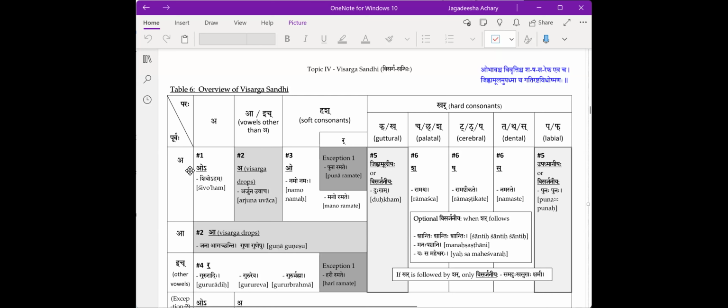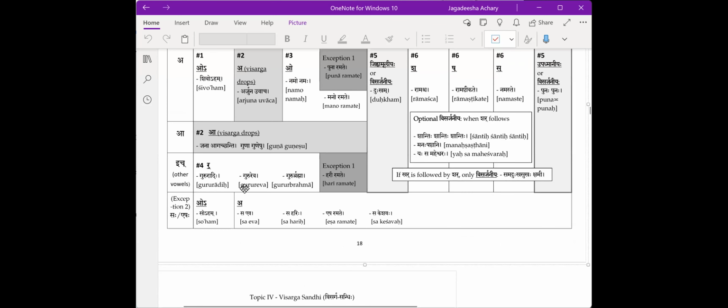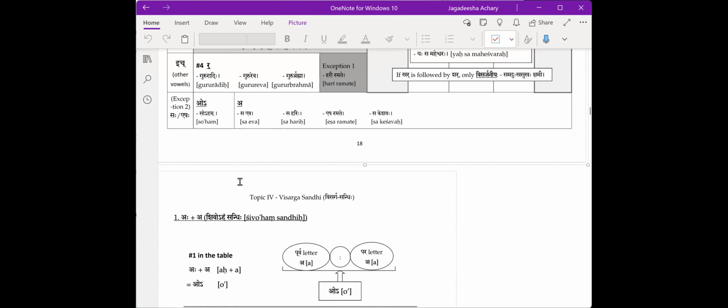First we will do 2A, which is Purvapada ending with Aha, A and Visarga, Parapada starting with Dirgha A or any of the other vowels. That is what we will see in the rest of this class and in the next class. So let's see what is there in here before we go to the presentation part.